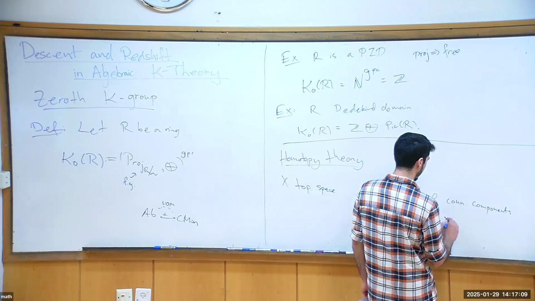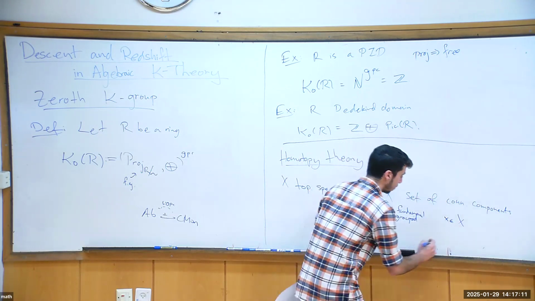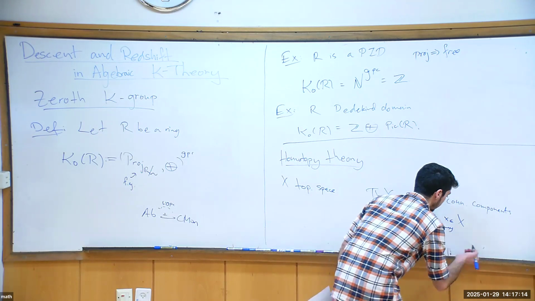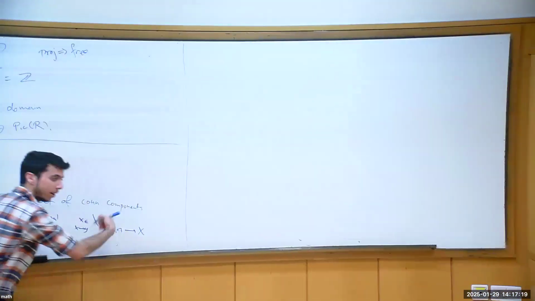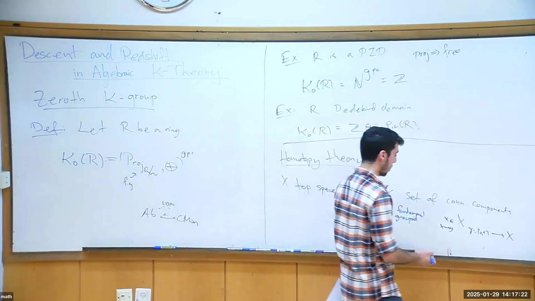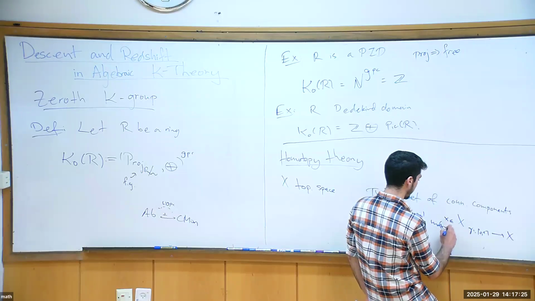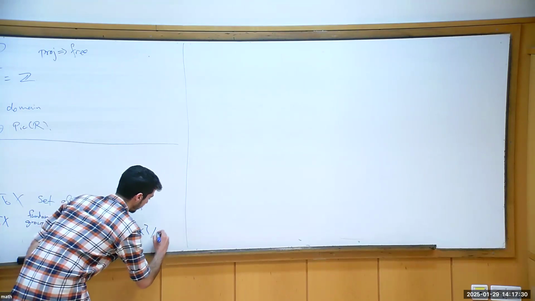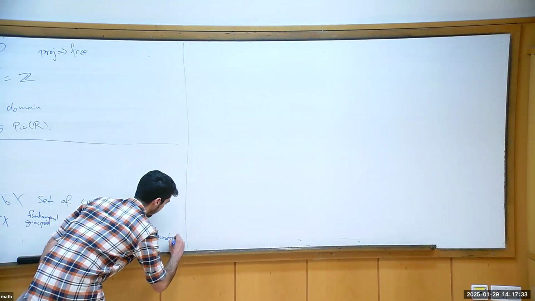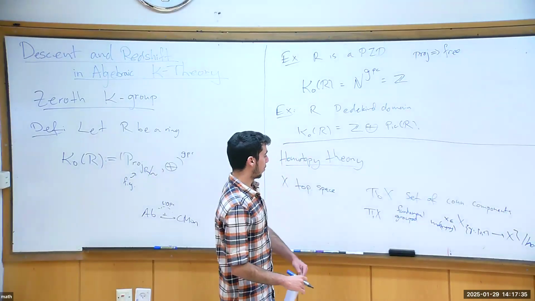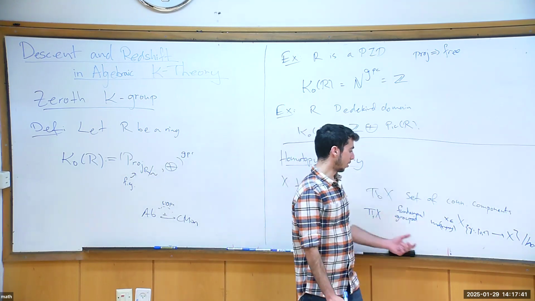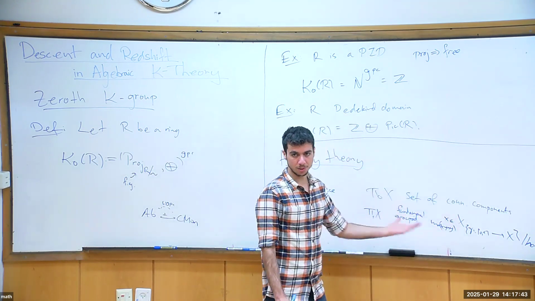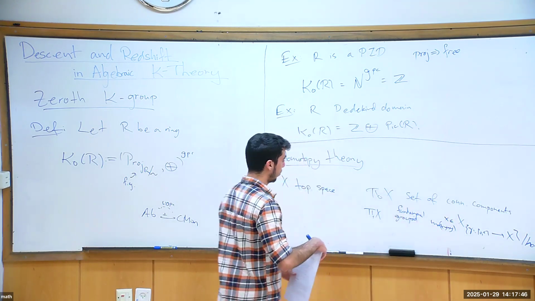Its objects are just points in X, and the morphisms from X to Y are paths starting at X and ending in Y, up to homotopy. Maybe more familiar is the fundamental group and not the fundamental groupoid, but if you take an object here, namely a point of X, and you look at its automorphisms, this precisely recovers the fundamental group.